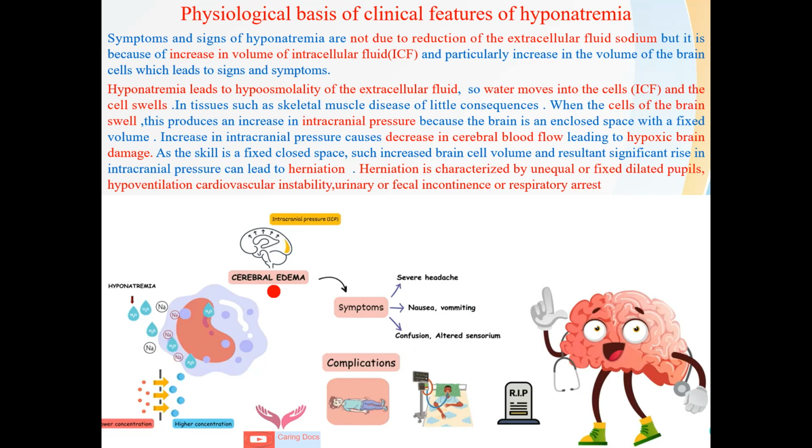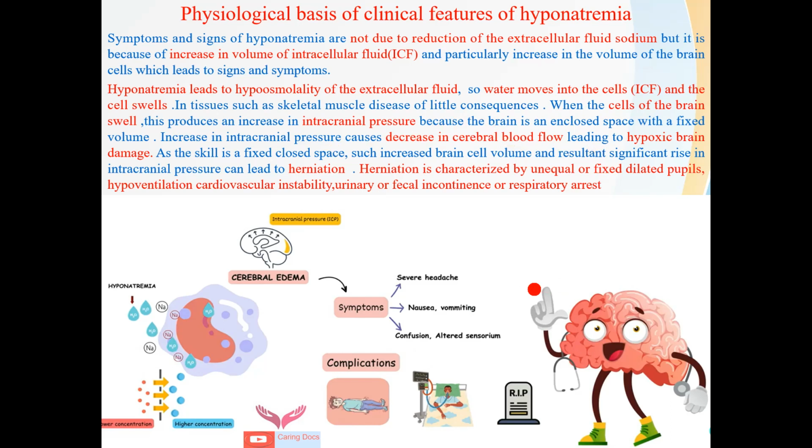In tissues such as skeletal muscle, the disease is of little consequence, but this intracellular shift of fluid causes more damage in the brain. When the cells of the brain swell, this increases the intracranial pressure, and since the brain is enclosed within a fixed skull, this increased intracranial pressure decreases the cerebral blood flow, and it leads to hypoxic brain damage.